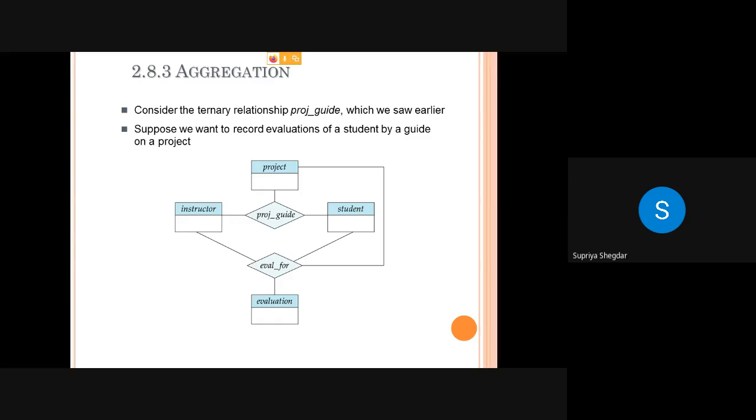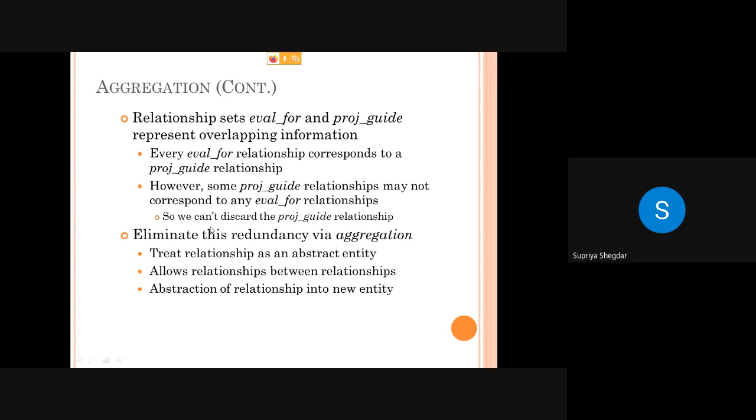The instructor is evaluating the project of the student, meaning these two relationships are using the same entity sets, or we can say there is overlapping between them.